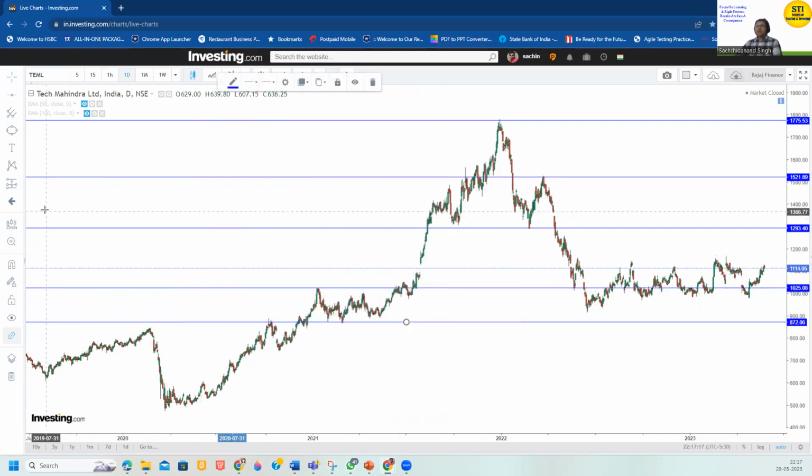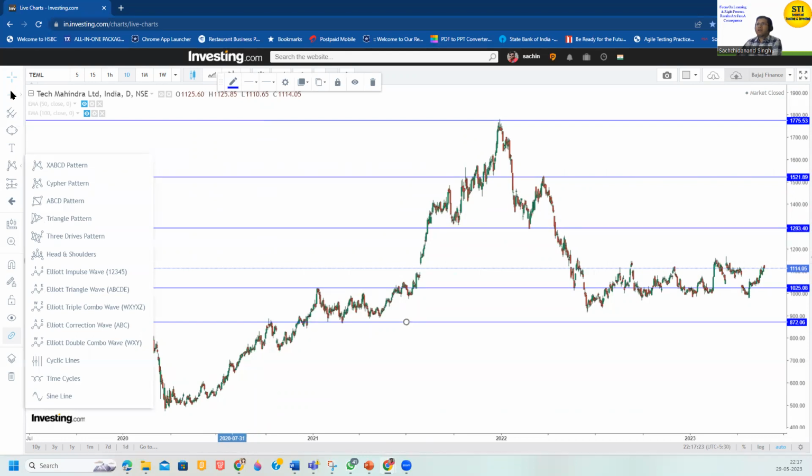Okay. So how to put Fibonacci retracement is: so 1, 2, 3, 4, 5, 6. So 6 in the left-hand side menu bar, or like I said, toolbar, there is an option from where we can select.